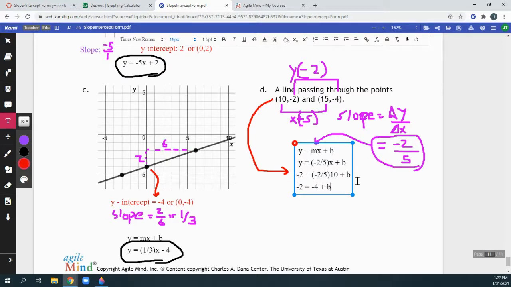What do I add to -4 to get -2? Well, if I want, I can add 4 to both sides. I get 2 equals b. What does that mean? Well, that means my y-intercept is b. It's 2. There we go. So I have my slope.